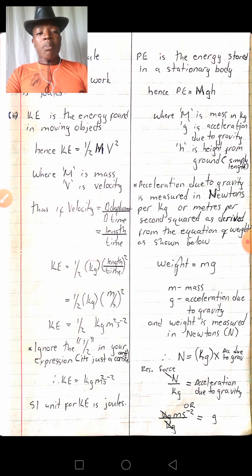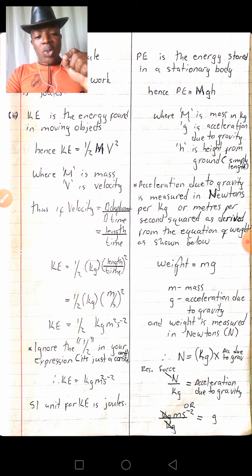So this is where m is the mass in kilograms, g is the acceleration due to gravity in meters per second squared or newtons per kg, h is the height from ground in meters. Acceleration due to gravity is derived from the equation of weight: weight is equal to mass times acceleration due to gravity.